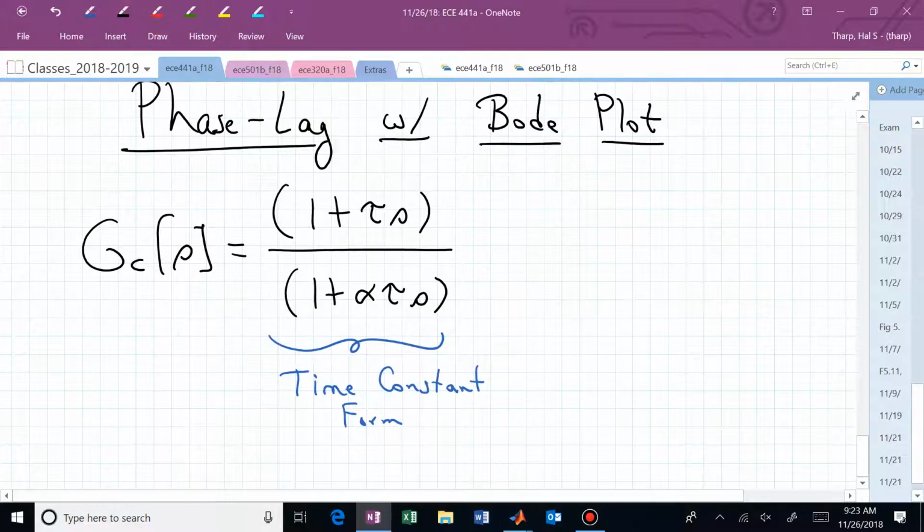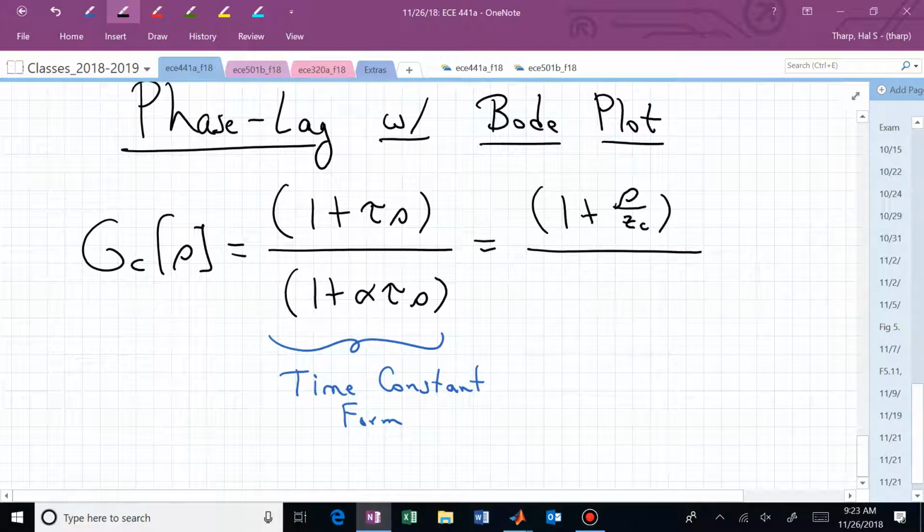And if you don't like it written that way, you can sneak a zero and a pole in there by simply saying, I'm going to have s over z sub c, where my time constant tau is 1 over z sub c, and now this is going to be 1 plus alpha s over p sub c.